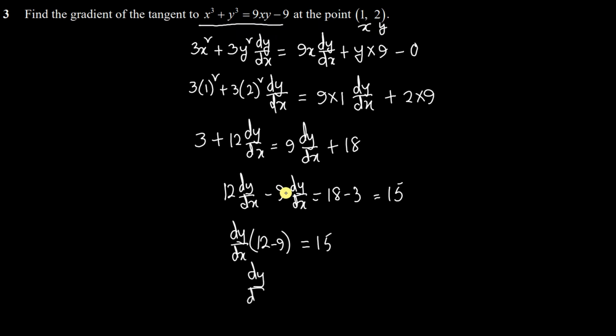So dy by dx equals 15 by 3. We can cancel, and we got 5. So this is our answer for that expression. This is where, rather than making dy by dx the subject, we can put in our values just after the differentiation.